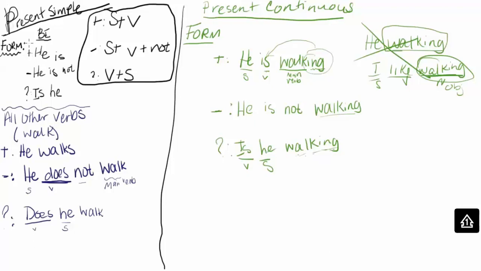But you can see here that we use the same grammar math: subject, verb, not, verb, subject. The grammar math, as I call it, because it's kind of plus, plus, plus, is exactly the same. It always follows this. We just have little additions.